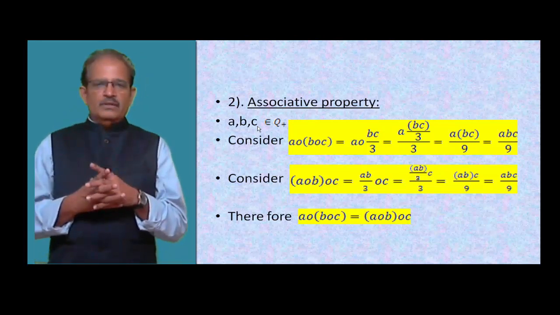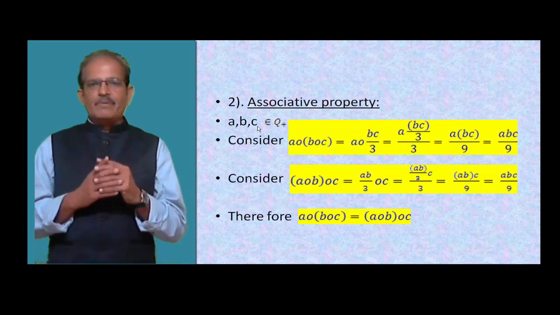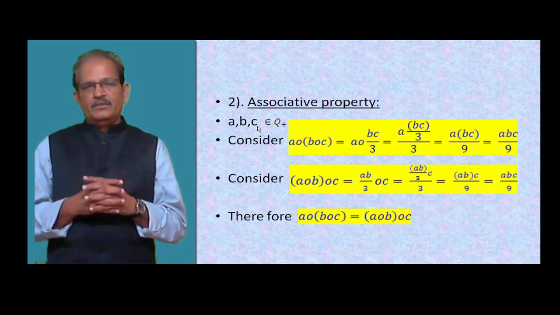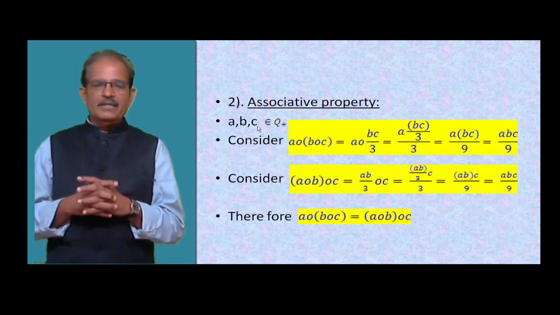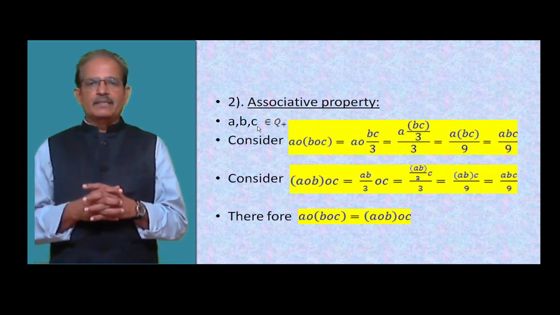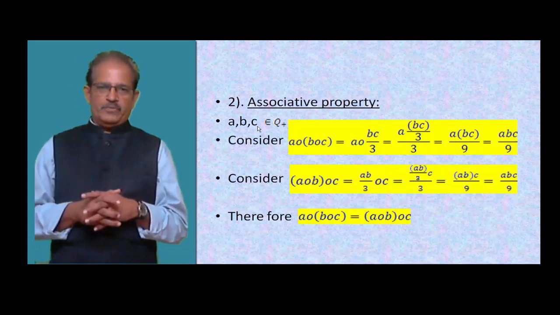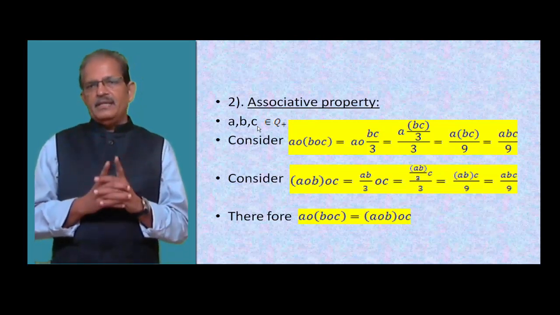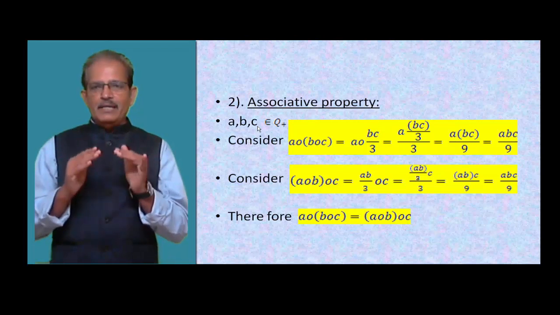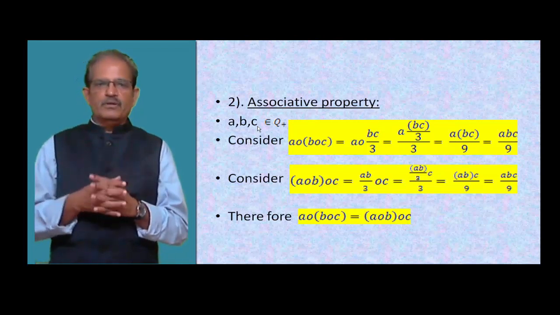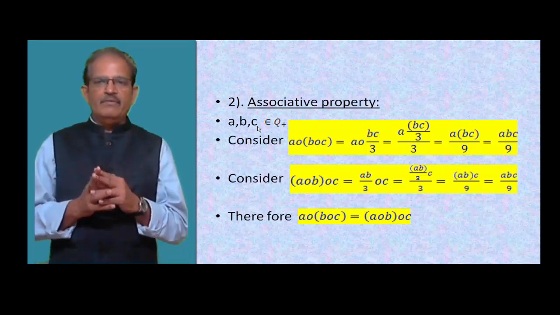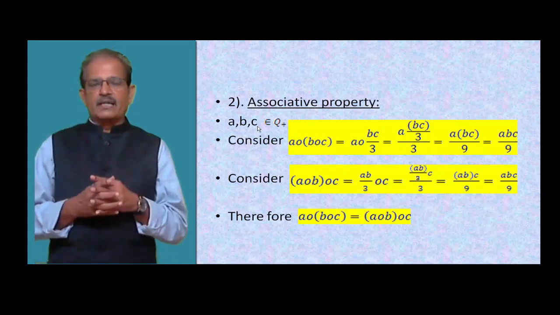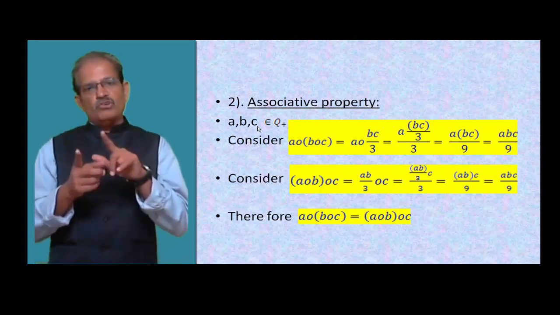So now A O (BC by 3). A is one element, BC by 3 is another element. So if you apply the binary operation here, it is A into BC by 3, whole by 3. And that becomes A into BC by 9. It is nothing but ABC by 9. So therefore, A O (B O C) will be ABC by 9. Now you consider (A O B) O C.